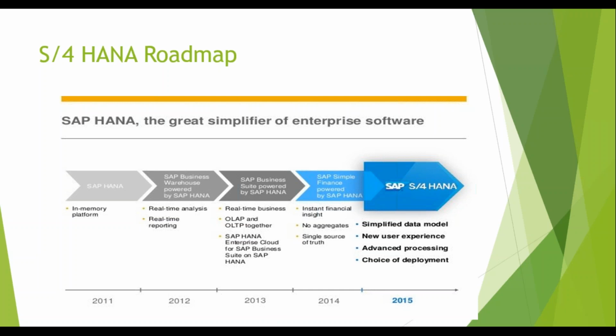So if you are using EHP 7 and if you are using the SAP HANA database, you can opt for cloud. So in short, the cloud solution is not something available for the first time. Cloud solution was available in ECC itself, but the prerequisite is that you are using the SAP HANA database. You are using ECC on HANA database. So this was introduced for the first time here. The cloud solution was introduced for the first time for SAP in 2013.